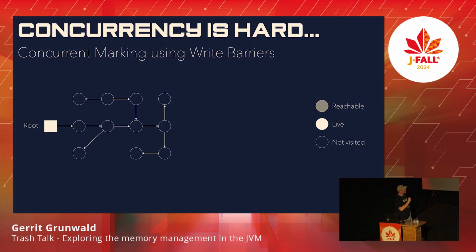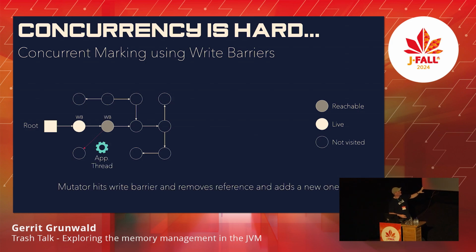Okay, so if we use it, then it works like this. We start again, and before we access the cell, the JVM will install these write barriers everywhere. So that means the collector just reaches it, okay, it's all fine, reachable, I mark it as live. So the same situation now. And now the application thread decides, I remove this reference here.